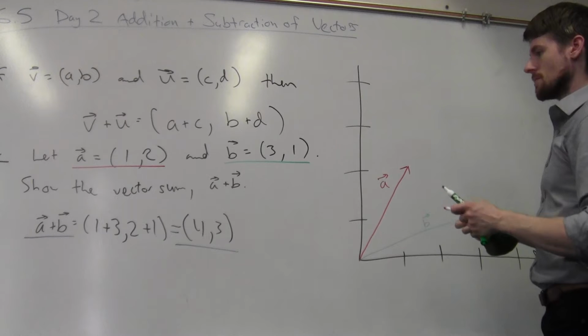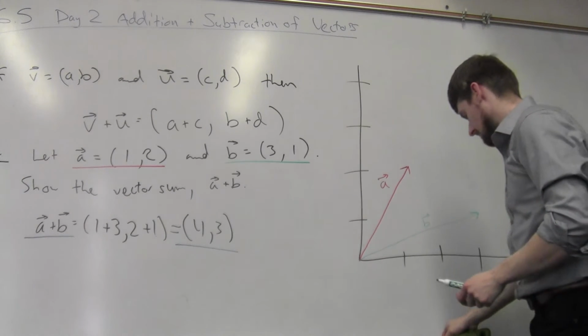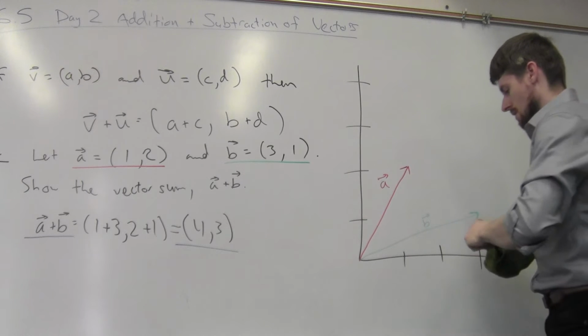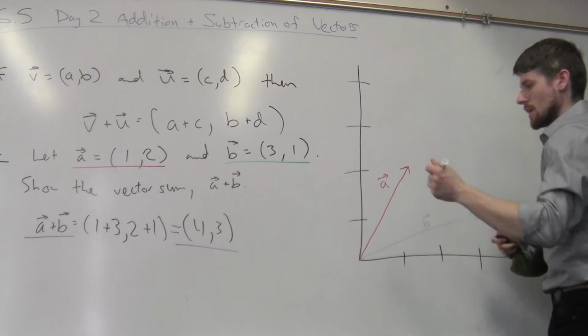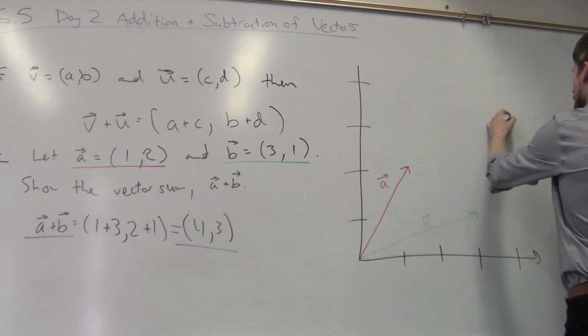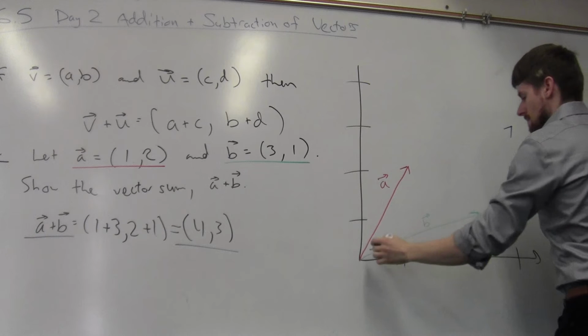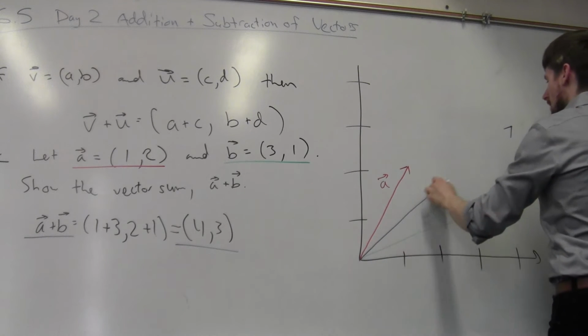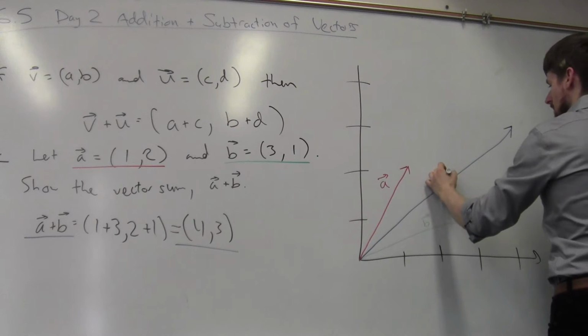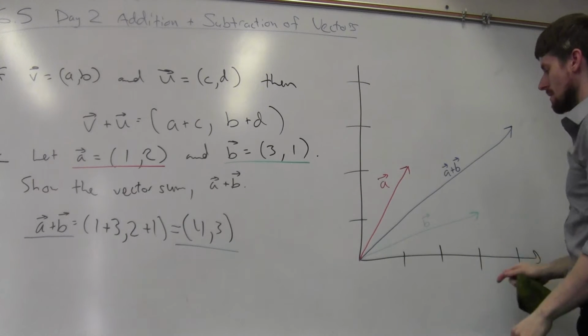What then does the vector A plus B look like? Well, A plus B is 4 in the x and 3 in the y, so it would be up here. And how could I get to this point here?